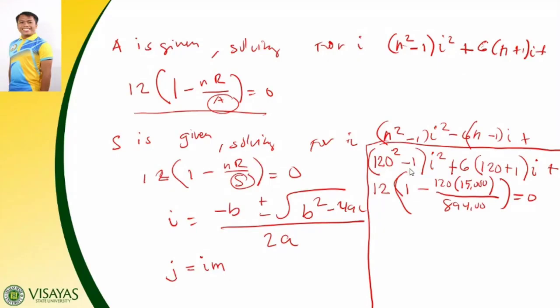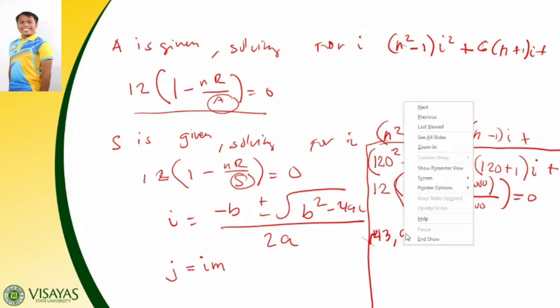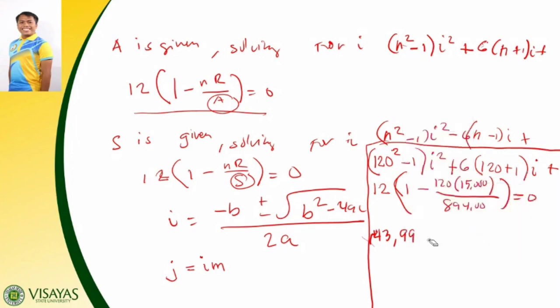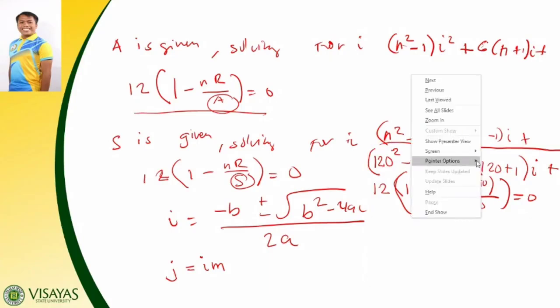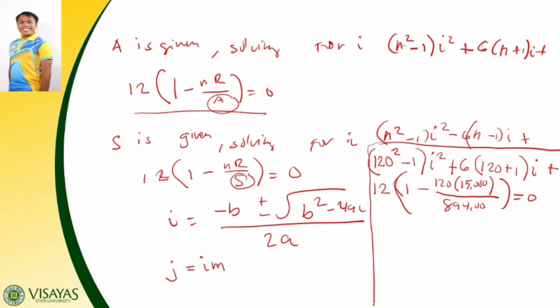We square 120, that is 14,400, minus 1, so this is 14,399 I squared plus 726 I minus 12.1611 equals 0. We will just use the calculator for all of that.